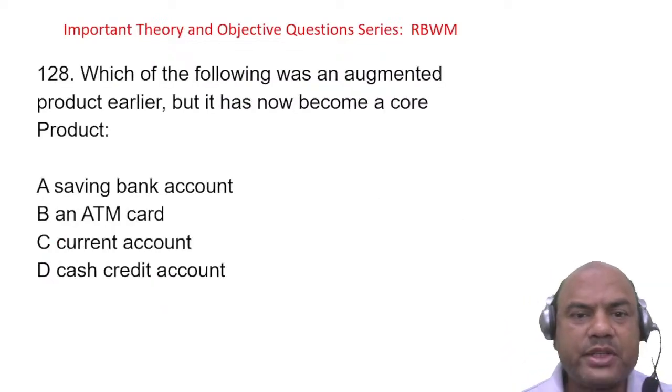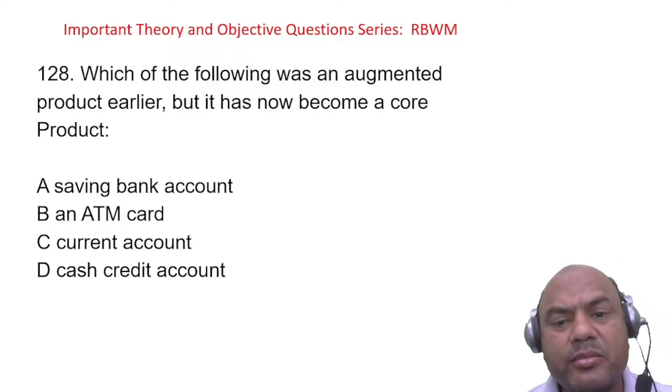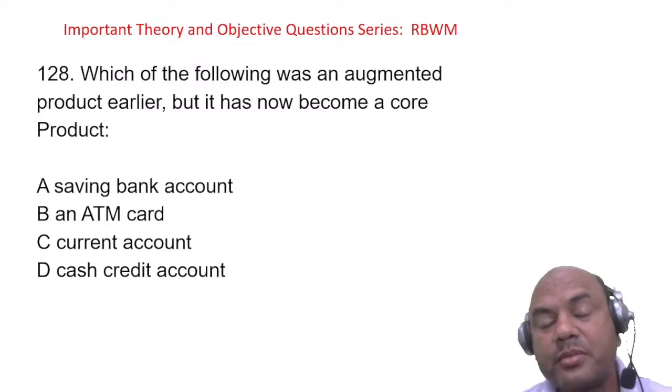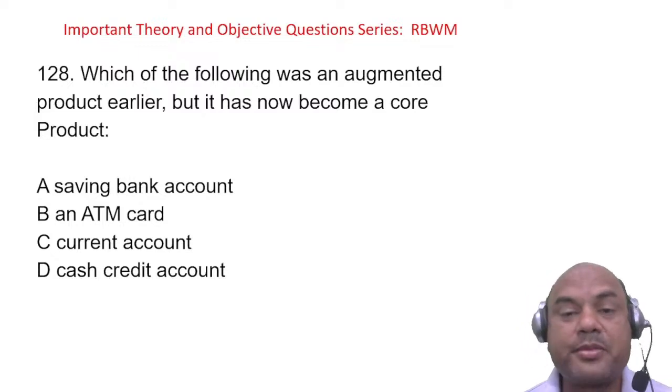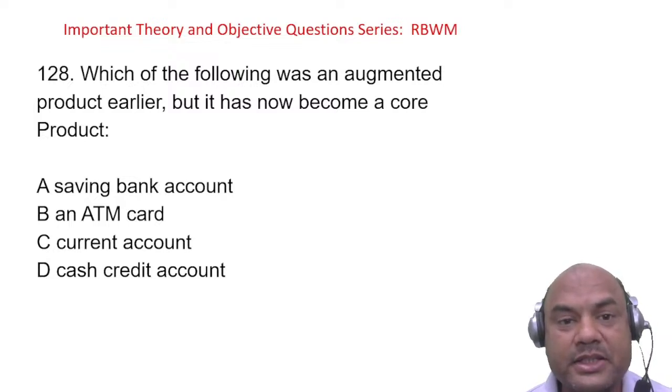Got it? Which of the following was an augmented product earlier, but has now become a core product? So augmented means what? What are the types of products? Who can type in the comment section? What are the types of products? Everyone, in the comment section.